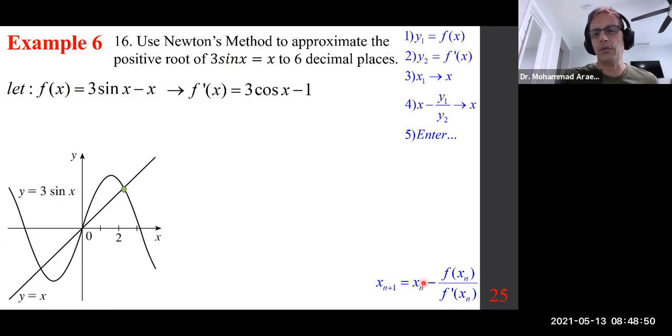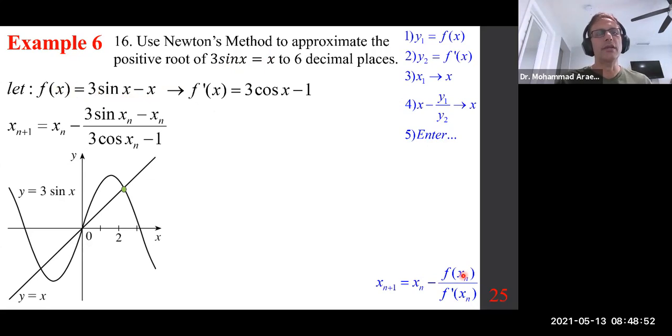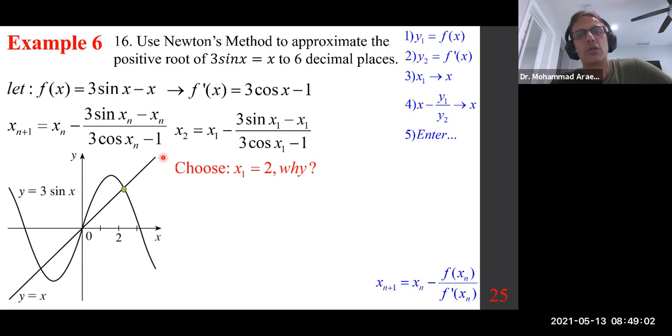And you write the formula for Newton's method. So you need the function, you need f prime, you need the formula, and using x of 2 equals x of 1 minus 3 sine x of 1 minus x of 1 over 3 cosine x1 minus 1. We use 2 because I hope you see 2 is close to this.